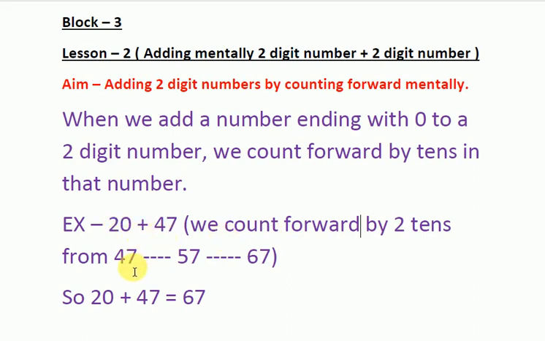So 47 is the number. We have to add 2 tens. 57, 67. So 20 plus 47 is 67. When you add a number ending with 0, you just have to count forward by the number of tens.